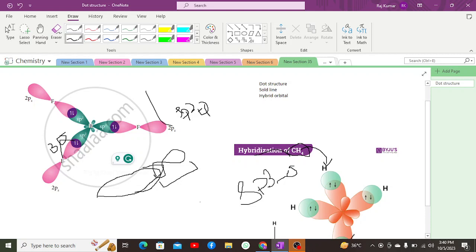On the other side, in sp3-s, there is an s orbital. The s orbital has no orientation. Suppose this is sp3; when sp3 forms a bond with s, the s orbital does not have an elongated shape. Since it is not elongated, it does not fit fully into the sp3 orbital.